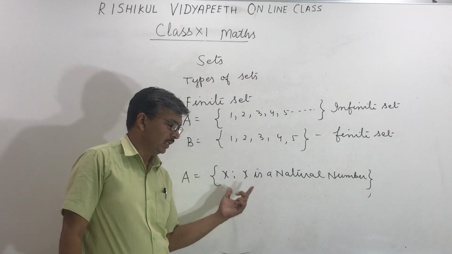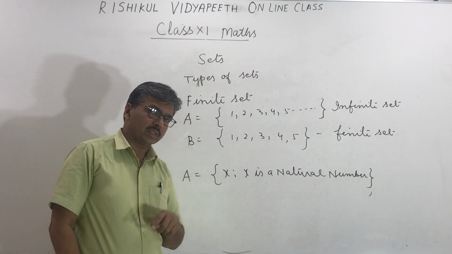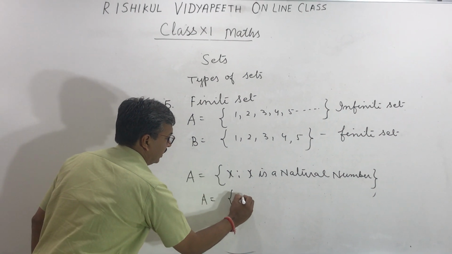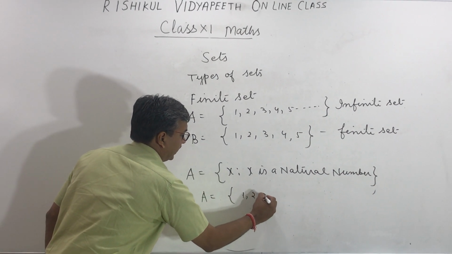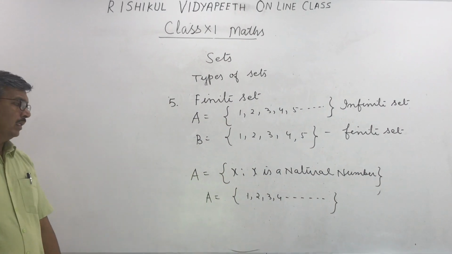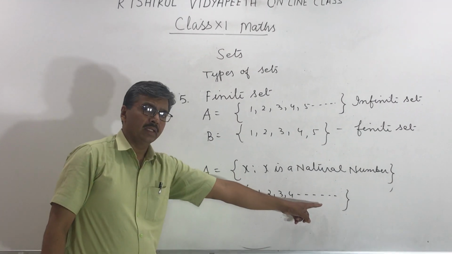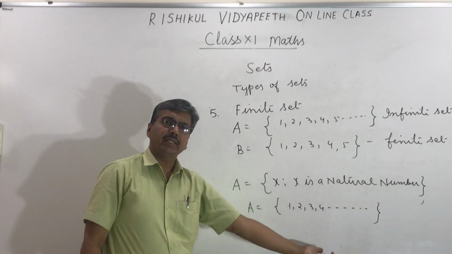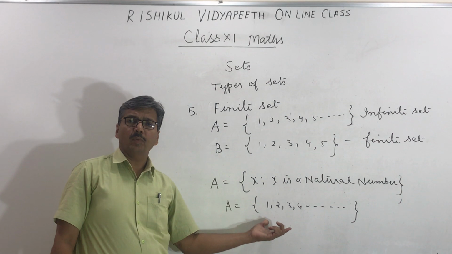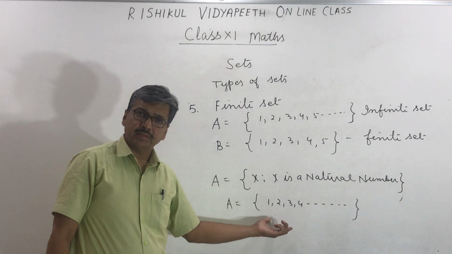If I write this set in roster form, it will become A = {1, 2, 3, 4, ...}. Now tell me, how many elements are there in this set? Infinite. And that's why this set is an example of an infinite set.